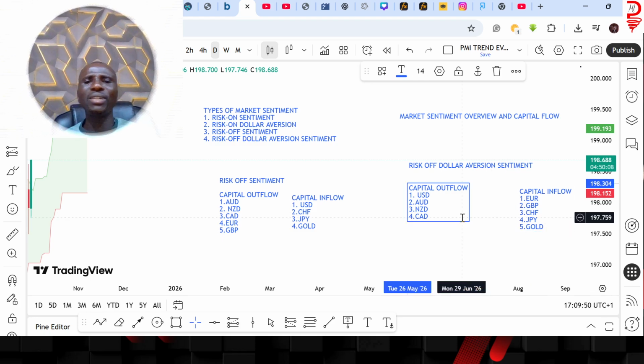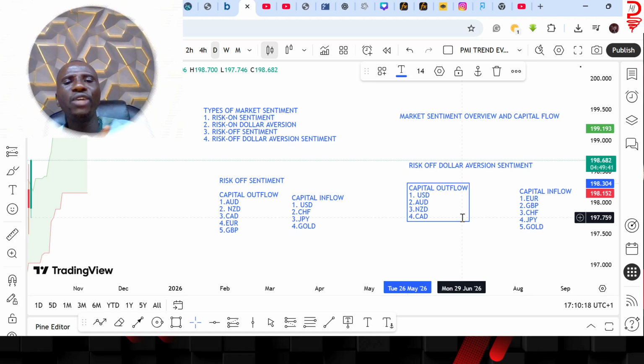Now the essence of this discussion is for you to be able to ascertain the tone of risk sentiment of the market at any point in time before you take your decision. Currently, the tone of the market is still risk on dollar aversion. Risk on dollar aversion, that's the tone of the market as of October 2025.